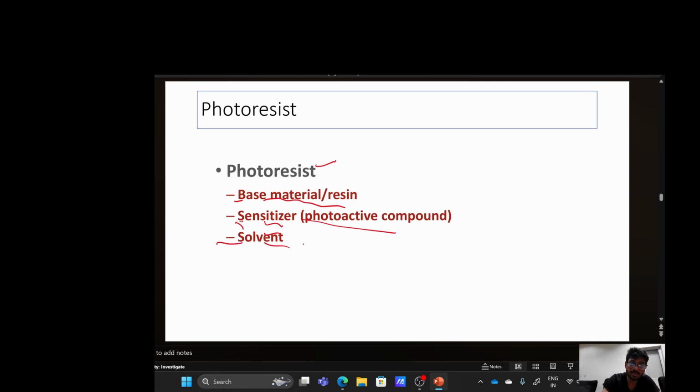And there is a solvent in which these materials are soluble, so we can coat it by solution processing, such as spray coating or spin coating.